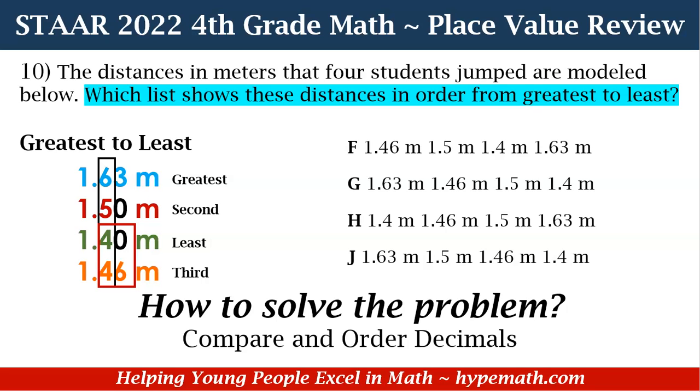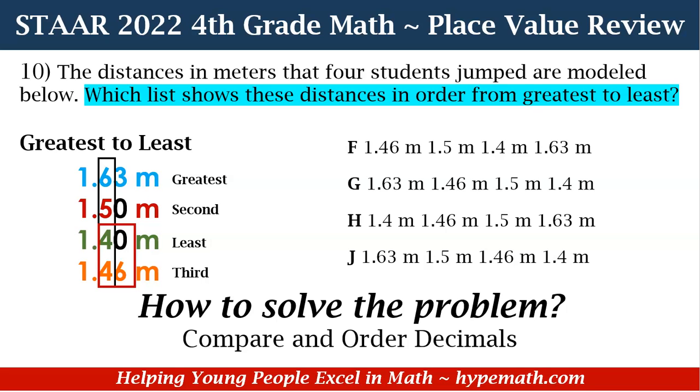Because if you have your decimals everywhere, the numbers will not match the same place value, and then you may not get the answer correct. All right. So we just put them in order from left to right, and we have 1.63 meters, 1.50 meters, 1.40 meters, and 1.46 meters.